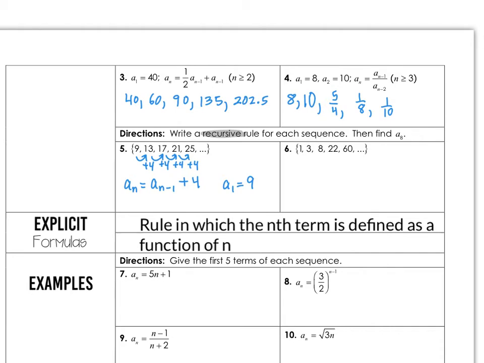And turns out, let's write this. A sub 1 is 1. A sub 2 is 3. So notice what happens.